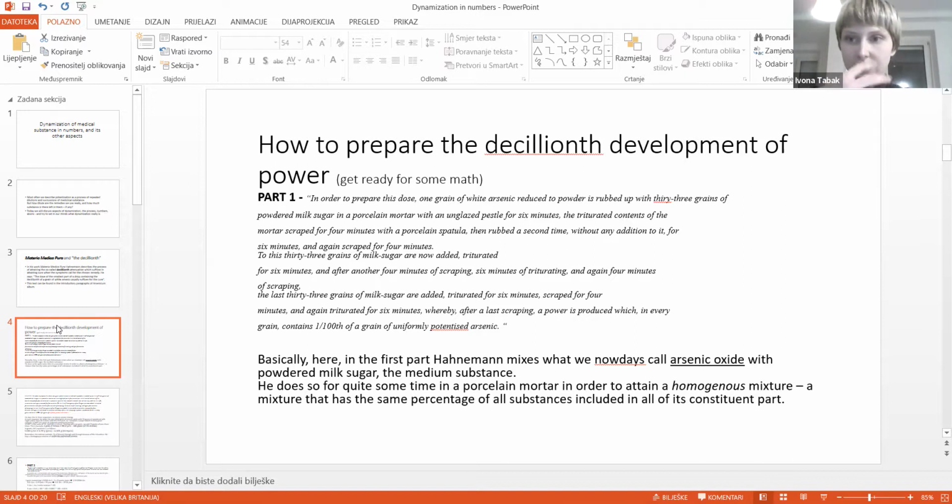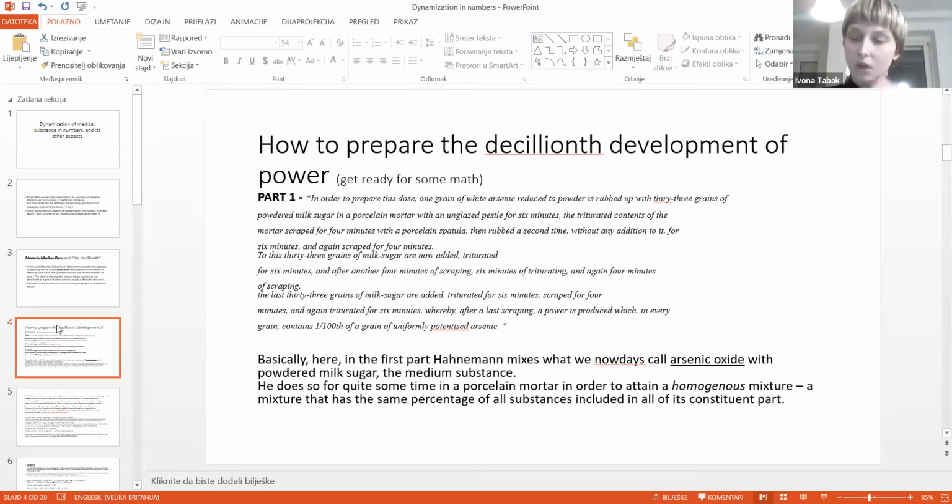Why he does this is because he wants to get a homogeneous mixture, which in chemistry means a mixture where no matter what part you take, if you have a mixture weighing 100 grams and you take 1 gram of it, you will always have the same amount of substance that is inside this mixture. In this case, that's arsenic oxide.